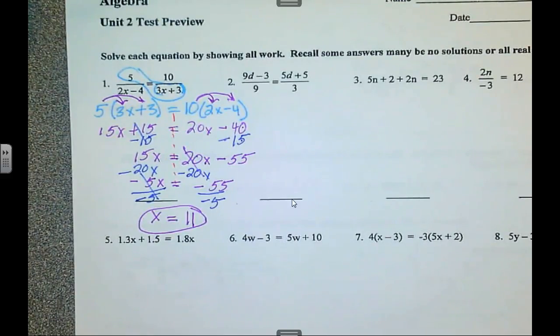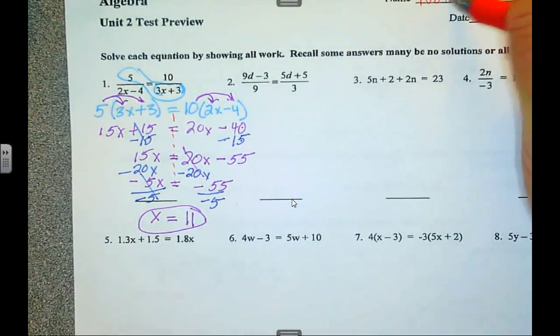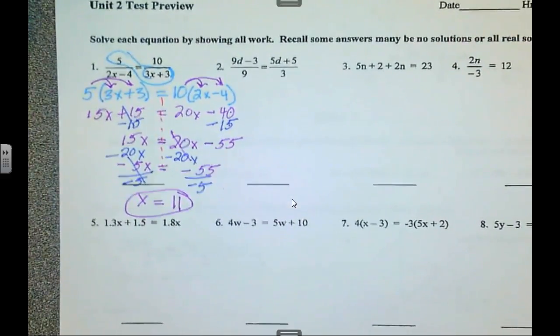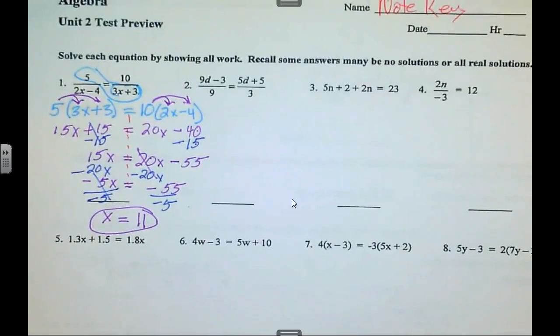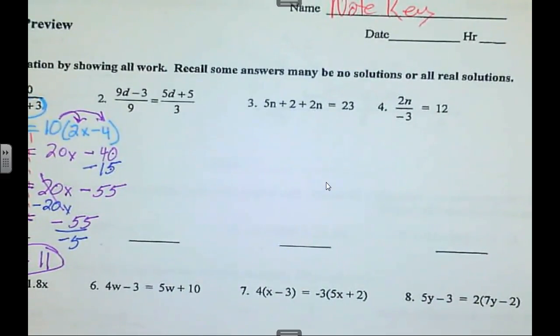How about number 4? What do I do in number 4? Skip it because of the fraction? Yeah. There's a couple of different ways you can do this.